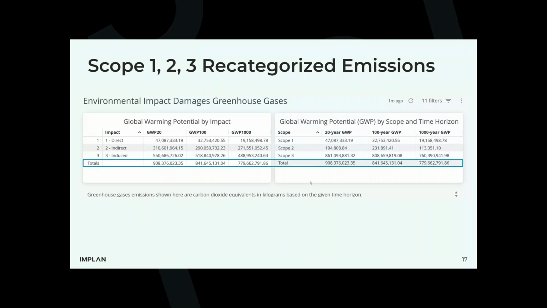So the scope 1, 2, and 3 impacts we're presenting at this point are just recategorization of our existing impacts. As I said early on in this call, we've iteratively continued to evolve this, so we'll be sure to let you know if any of these things change and we continue to layer things on for environmental emission reporting. Currently, you can see it's a recategorization of these impacts here.